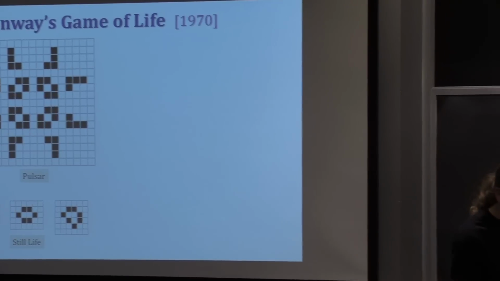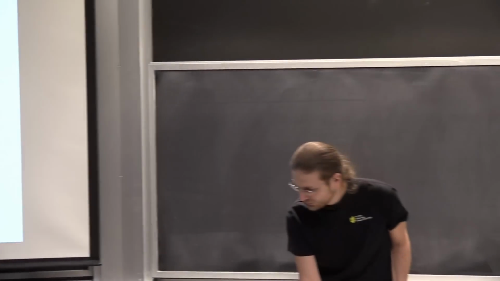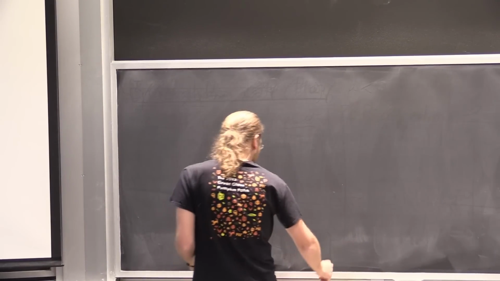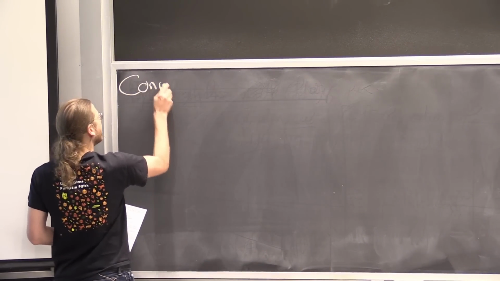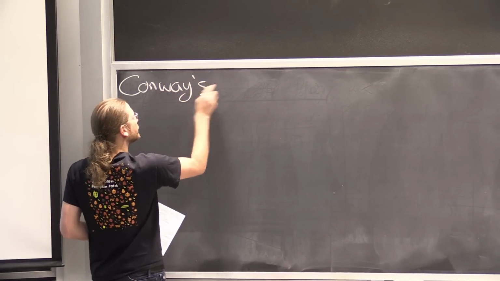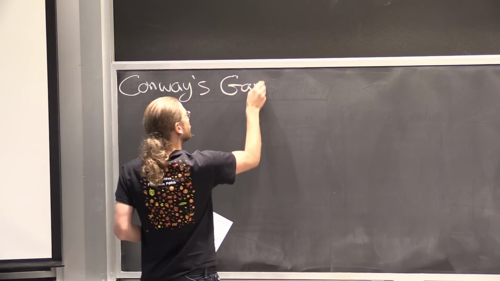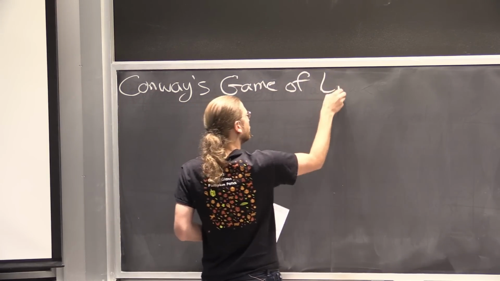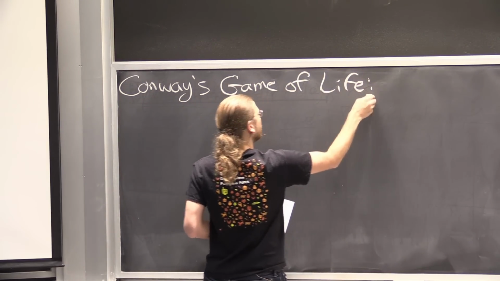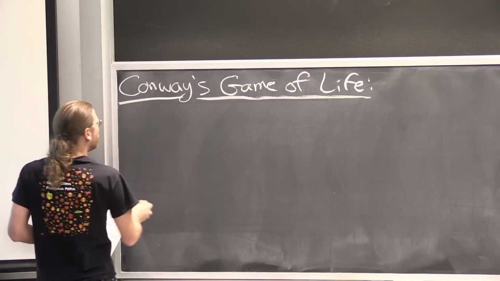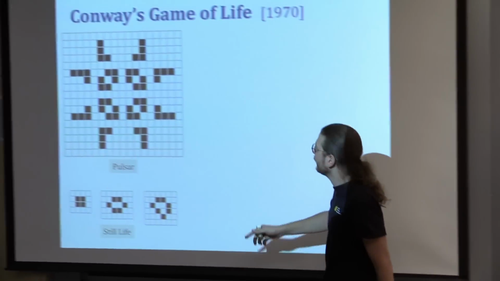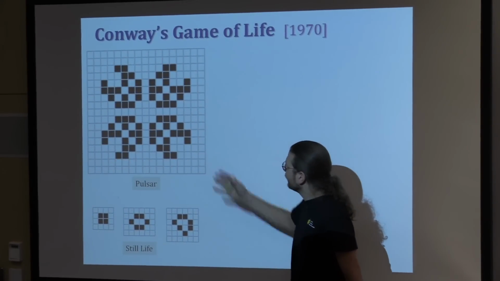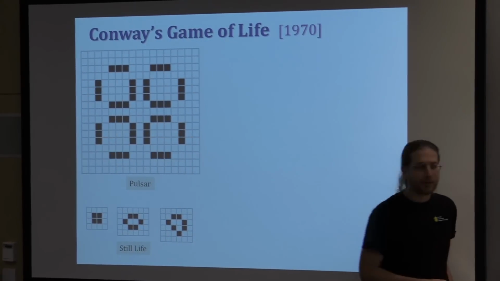Let me write down a definition of the game in case you haven't seen it, or if you've forgotten. This was invented by Conway in the 70s. So you have two types of cells, living cells, which here are the black cells, and dead cells, those are the white cells.